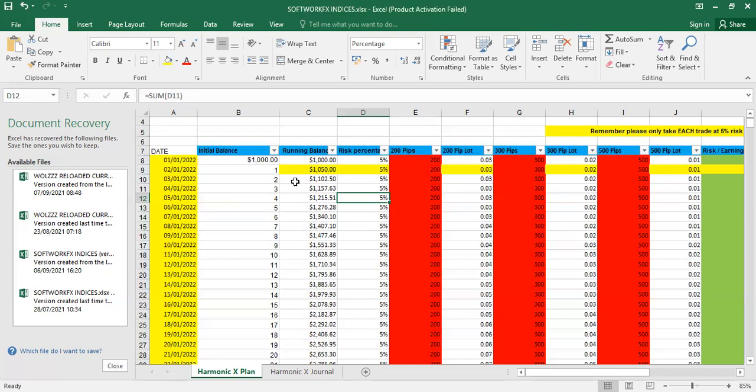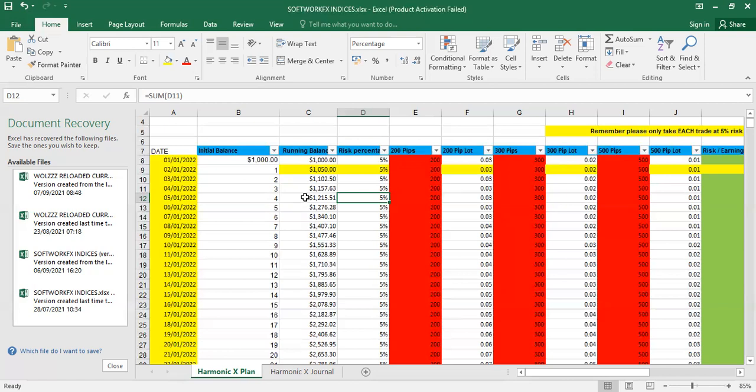If you are able to meet it, your next balance will be 1,102. The next day you are trading, you are looking for 5% of 1,102. Then the next one is going to be 1,157. The next time you are trading is going to be 5% of 1,157. Then the next one is going to be 1,215. You see, this is a compounding plan.